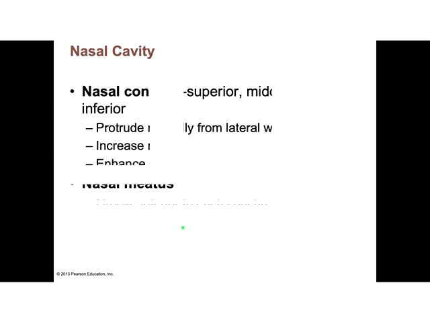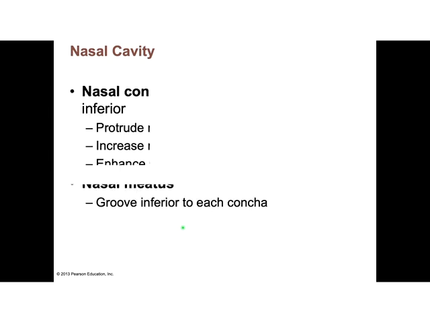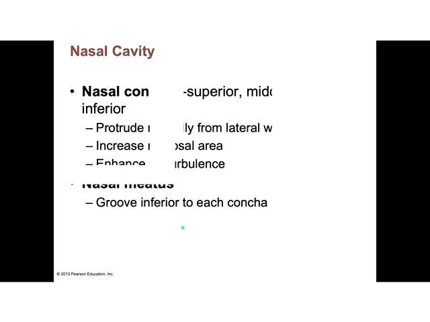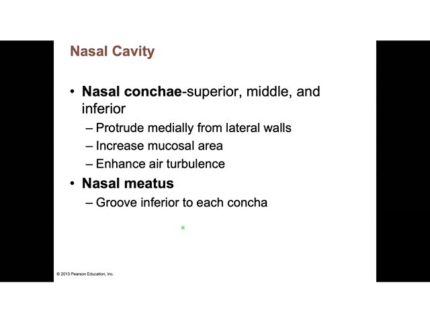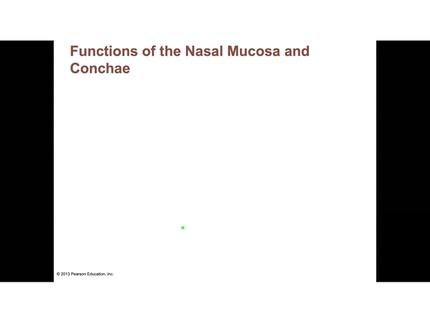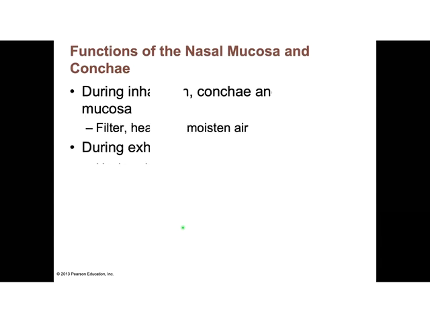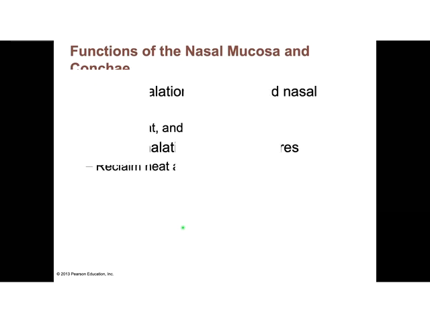The nasal conchae, the first two are part of the ethmoid bone. The last one is its own bone. Their purpose is to promote turbulent flow of air into the nasal cavity, and it helps humidify, warm, and filter it, right? So that's why we have those ridges. During inhalation, the conchae and the nasal mucosa treat the air, and during exhalation, they reclaim a lot of the heat and the moisture.